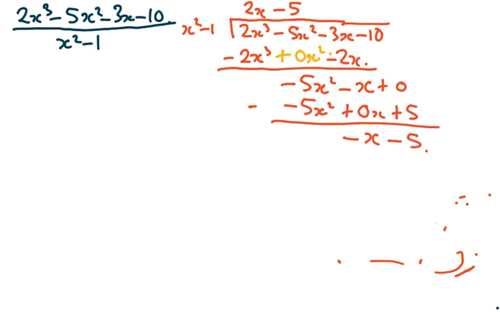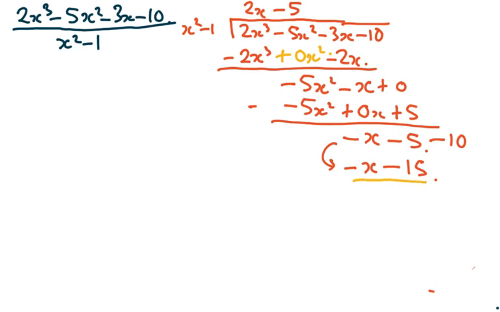Now bring your minus 10 down. Negative 10. That will leave me with negative x minus 15. I can't go any further, because that's x squared and that's x, so that is your remainder.